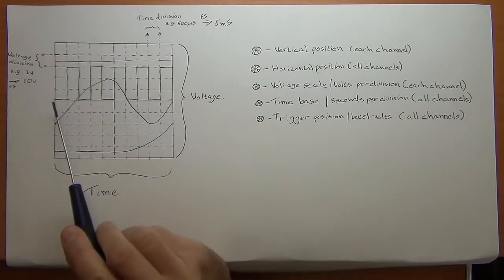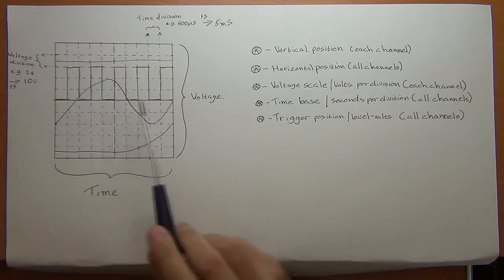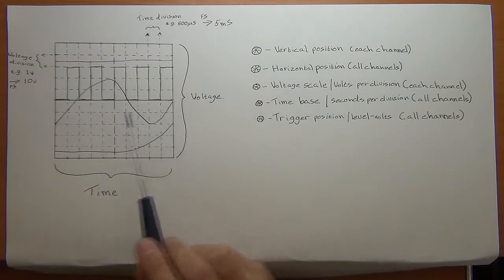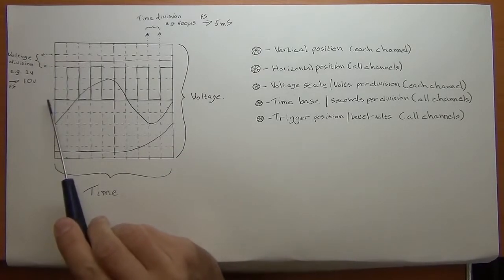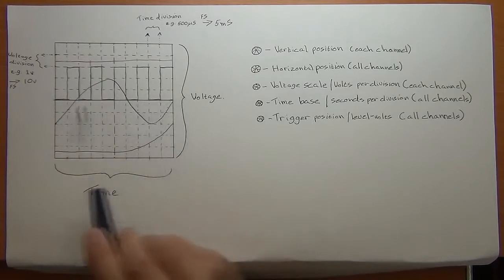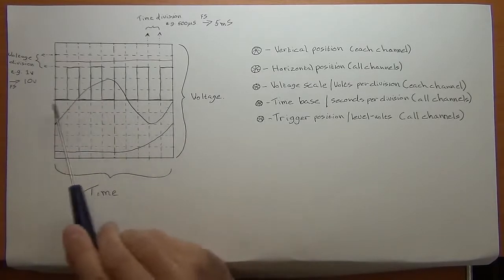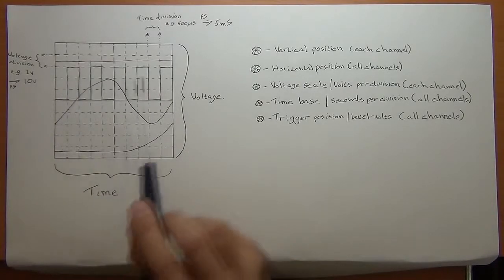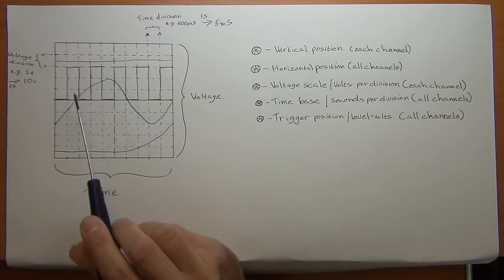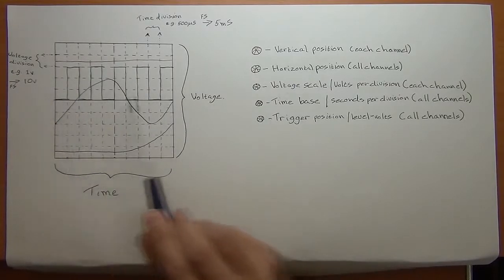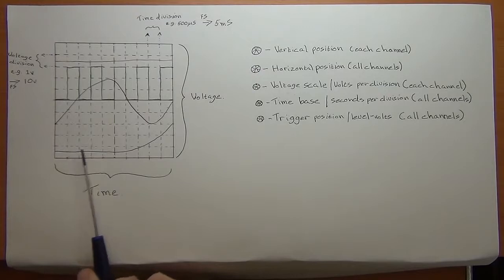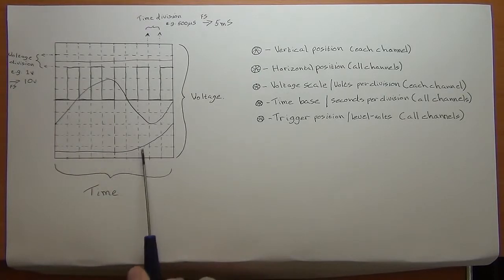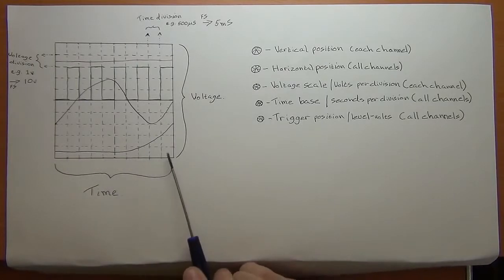Probably the first important thing, as I mentioned with this little time machine, is the fact that you can represent time by the horizontal line, or the x-axis, going along here. So on the oscilloscope, to make it easy to understand your time base or time scale, they've broken it up into little segments, and this scale over here is one of the things that you can adjust with the knobs or buttons on your oscilloscope.